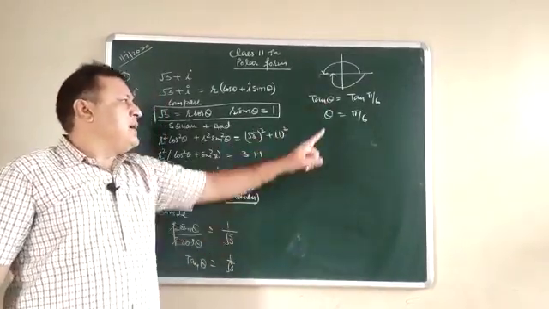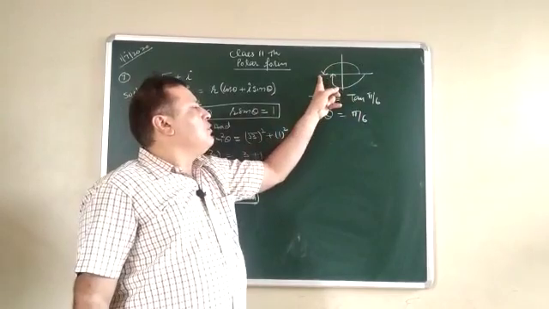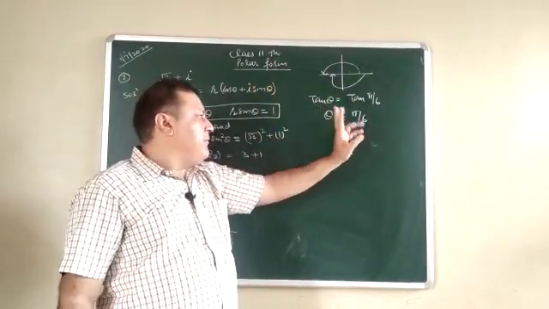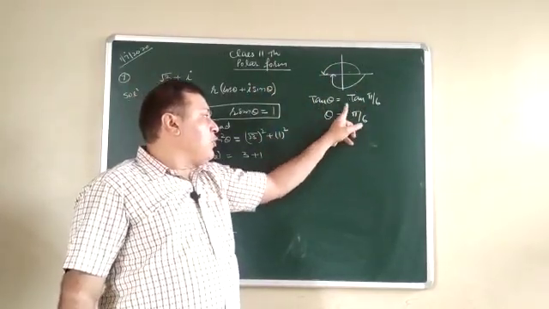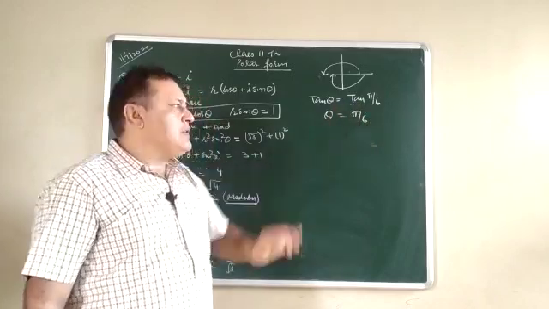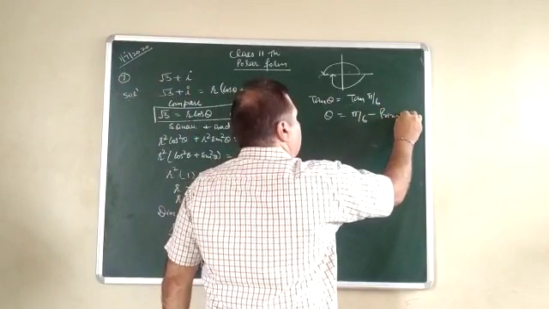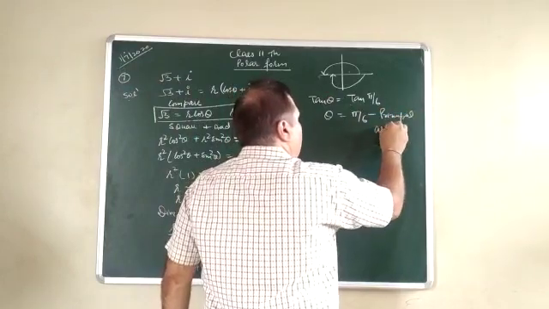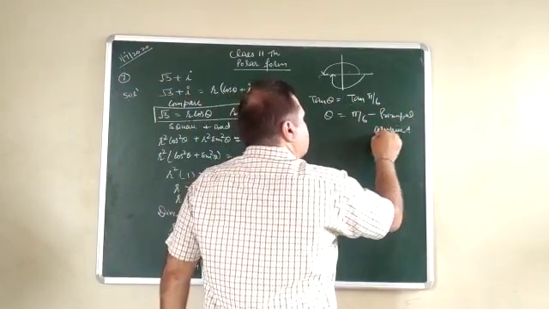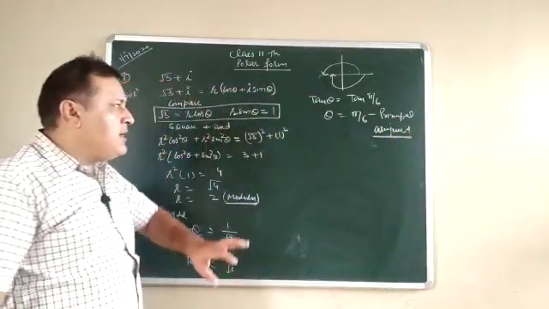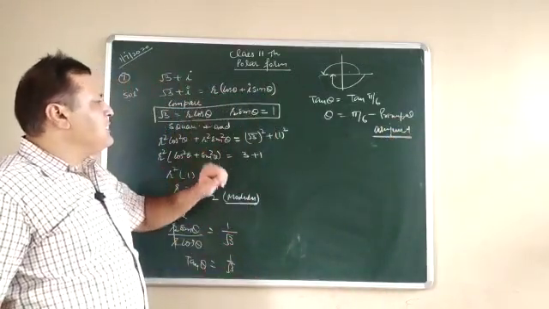So pi by 6 is from 0 to 180, meaning less than 180. It is in the first quadrant, so it is acceptable. This theta is called the principal argument, meaning at what angle this result is rotated.